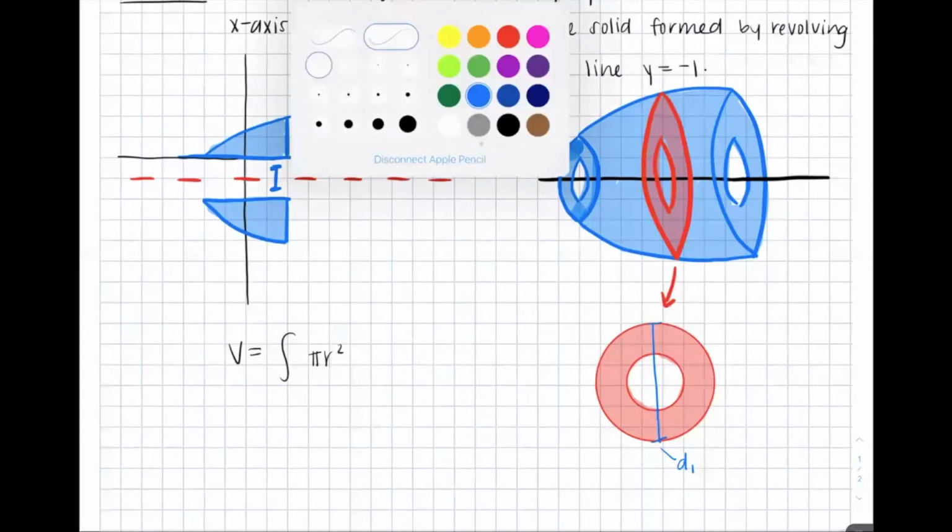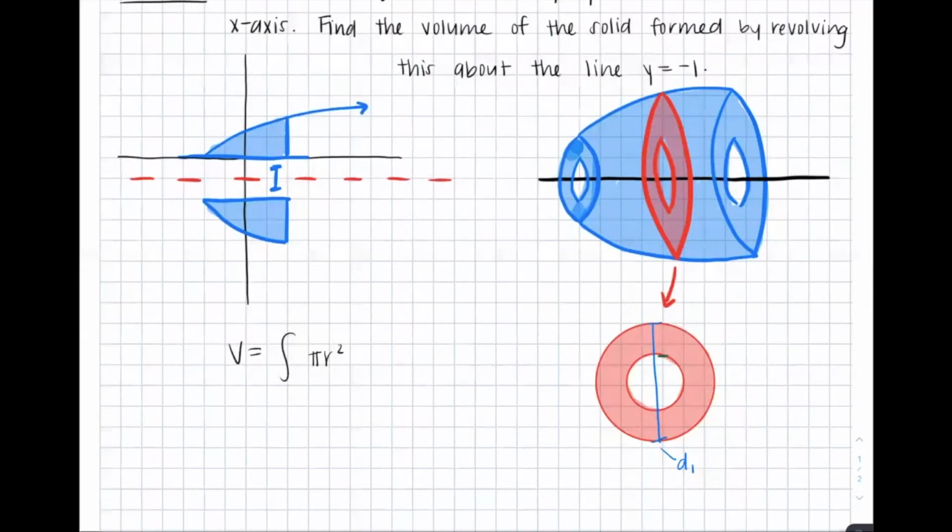And then if you look at the center circle, then you're gonna have a second diameter, right? And so here, what we're gonna have is pi r1 squared minus pi r2 squared, where r1 is both of the circles together, and then r2 is just that middle circle. And then here you integrate that with respect to x.